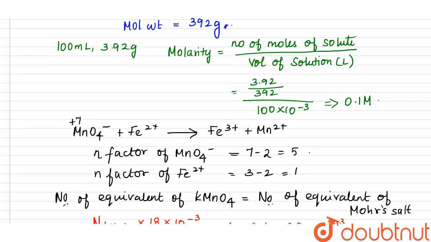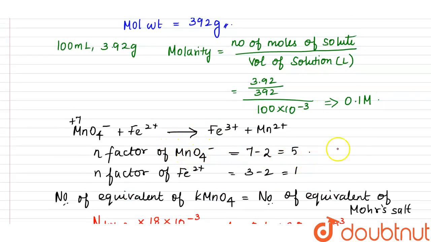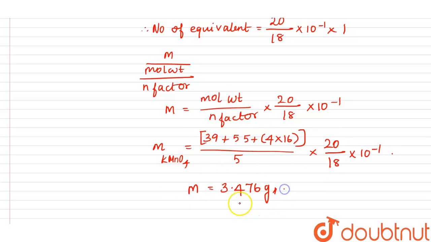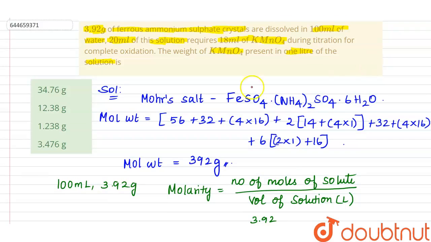We already found that the N factor for MnO4 minus is 5. So, 5 into 20 divided by 18 into 10 power minus 1. By simplifying all this, finally we get M equal to 3.476 gram. So the weight of potassium permanganate for 1 liter of solution will be 3.476 gram. The answer is 3.476 gram.